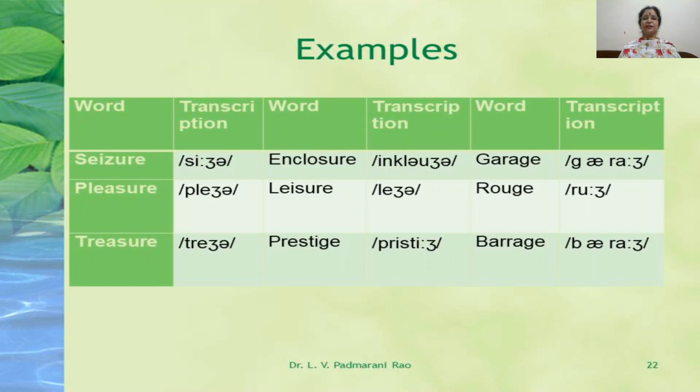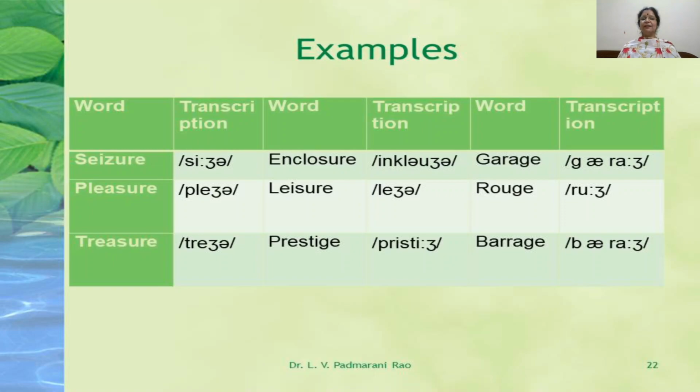T-R-E-A-S-U-R-E, treasure. Aspirate t, pronounce zh properly. E-N-C-L-O-S-U-R-E, enclosure. That's right. L-E-I-S-U-R-E, leisure. P-R-E-S-T-I-G-E, prestige.